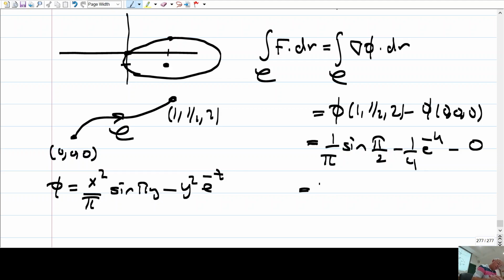So the result: sine pi over 2 is just 1, so 1 over pi minus e to the power minus 4 divided by 4.